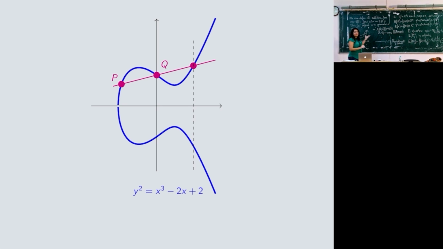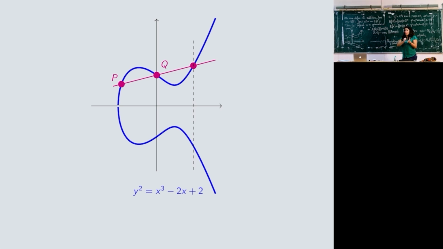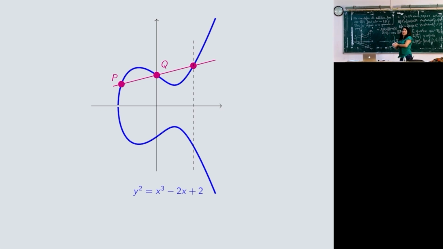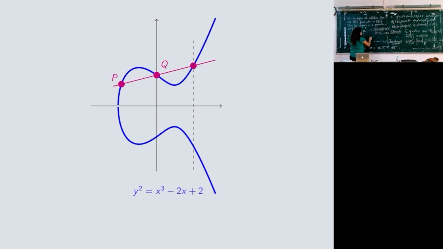Of course, we want that the set of points together with this addition law verify some properties. What are these properties? It is commutative. Of course, the construction is the same, so it's commutative.